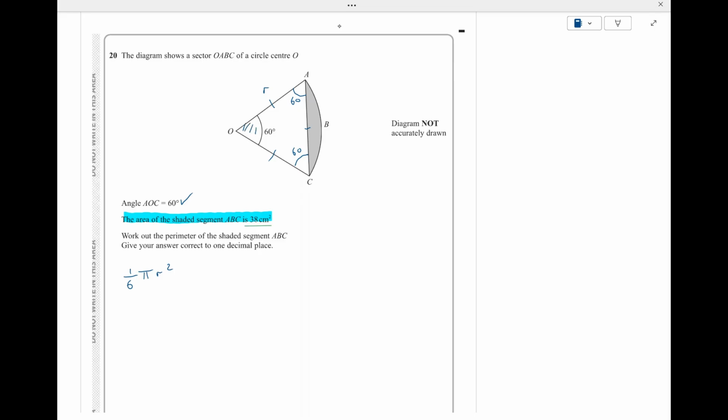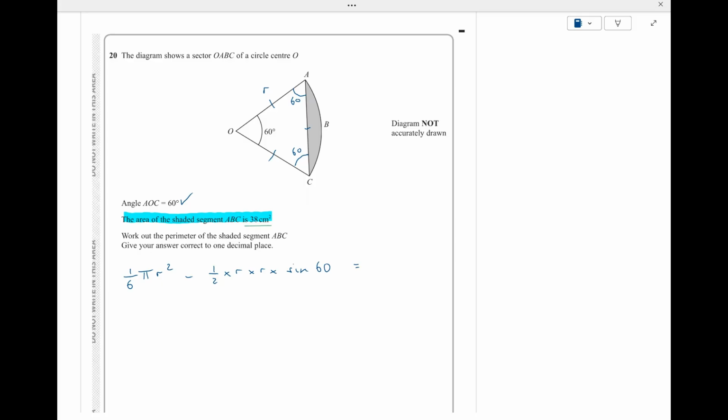So that's the area of the sector, the whole slice of pizza. But I want an expression for the shaded segment, so I'm going to do the area of the sector, subtract the area of the triangle. Now, how am I going to find the area of the triangle? Well, I'm going to use the half times a times b times sine C formula.